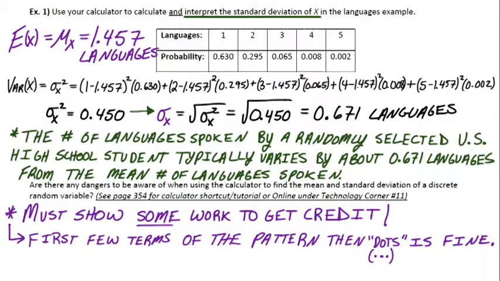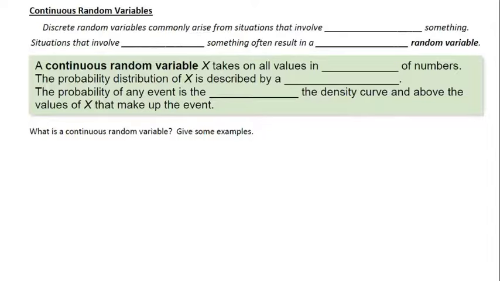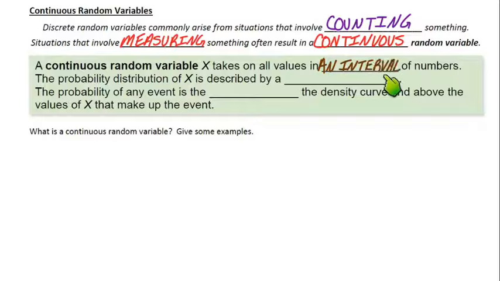So that's enough about discrete random variables. Let's talk about the other kind of random variable. There's only one other kind. It's continuous. So in italics here it says discrete random variables commonly arise from situations that involve counting something, things that are countable. Situations that involve measuring something often result in a continuous random variable. So in the green box here it says a continuous random variable x takes on all values in an interval of numbers.